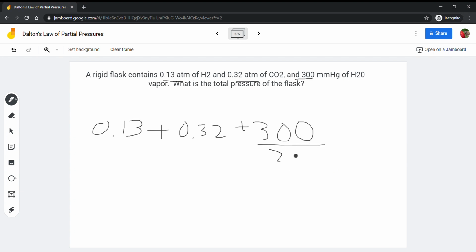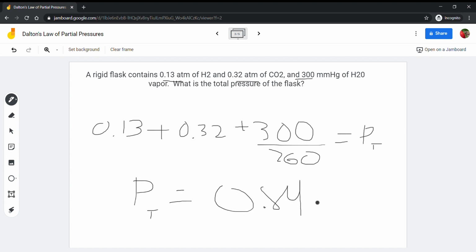So we just divide this by 760, and we should get the total pressure. And adding everything up, we get PT is equal to 0.84. Don't forget to put units, atmospheres.